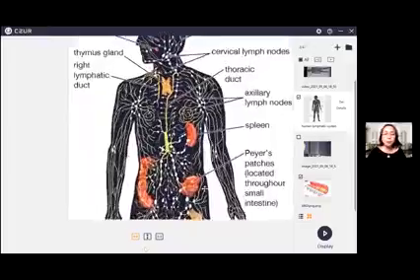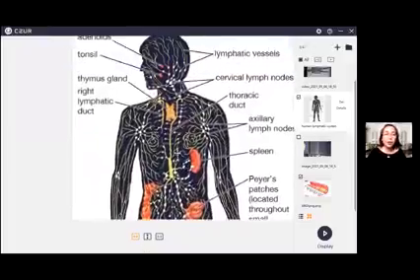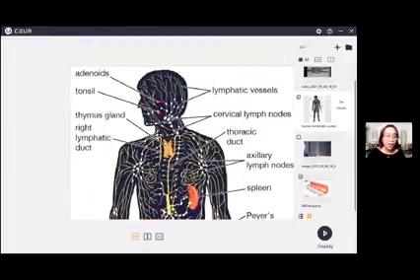Let's start with the adenoids and the tonsils. The adenoids are somewhat at the back of your nostrils, and the tonsils are under here. These are important parts. Don't you know that you have to take care of these too, because they trap.